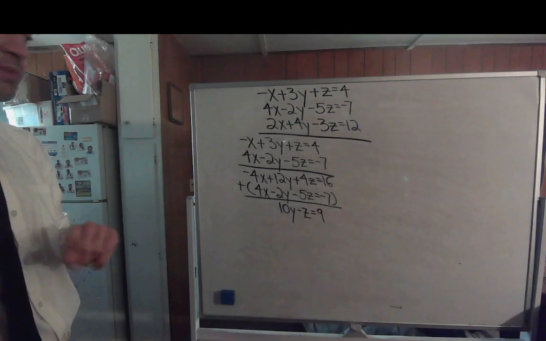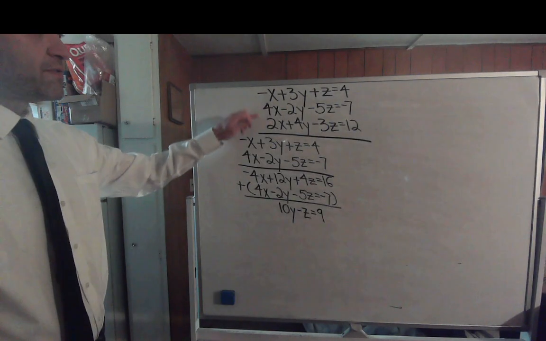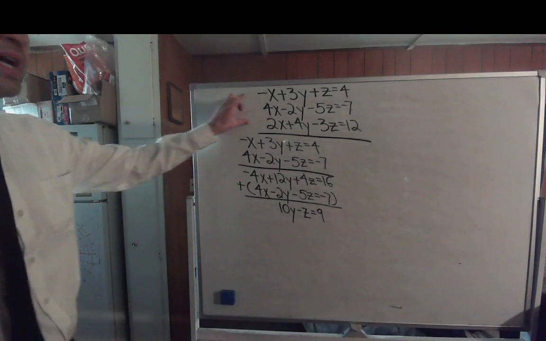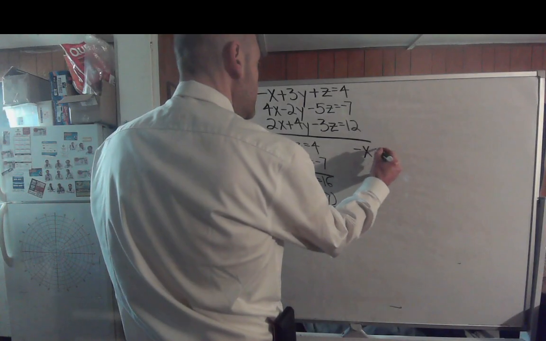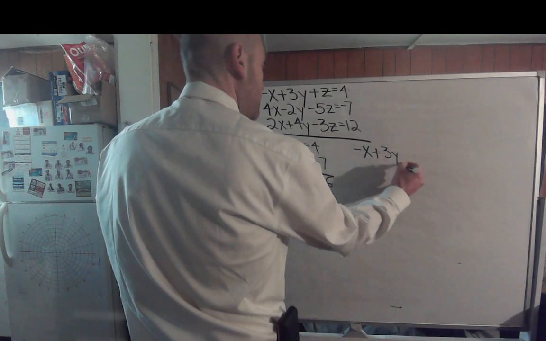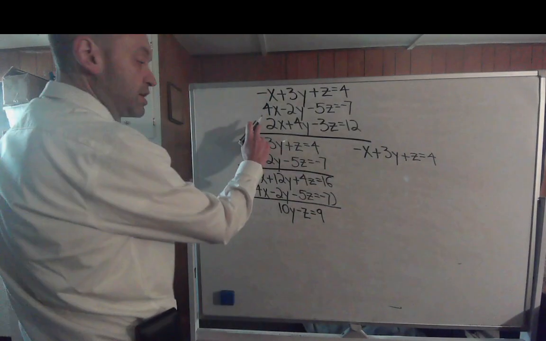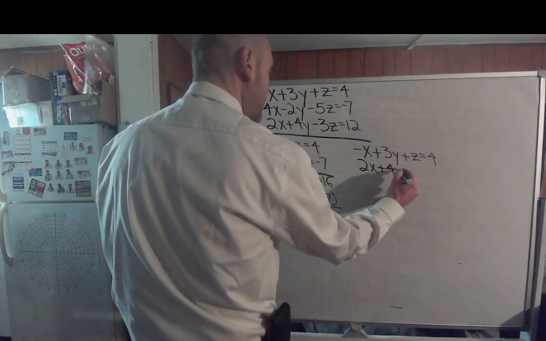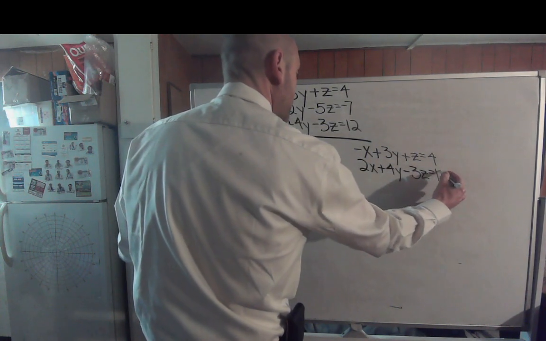We need to repeat the process, though, to find a different equation. If you look at the first and third, you could just multiply the first equation by 2 and then add them together. So let me write out these equations again. Negative x plus 3y plus z equals 4. And then let's write the third equation below it. You have 2x plus 4y minus 3z equals 12.